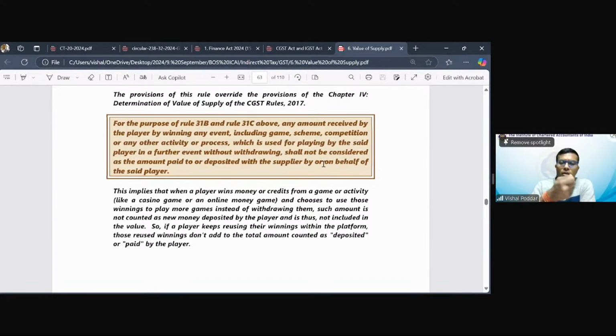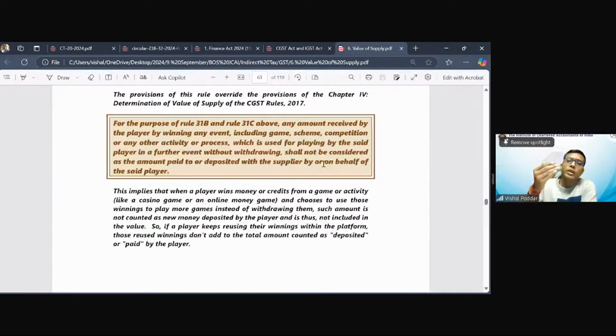So as I said, you paid 10,000, you got 10,000 in coins. You are using this 10,000 in different games and winning, and it has become 1 lakh. Now you use this 1 lakh and play further games, no further tax. By using that, you now win 2 lakhs. Now you use these 2 lakhs for playing different games, nothing doing, no tax again.